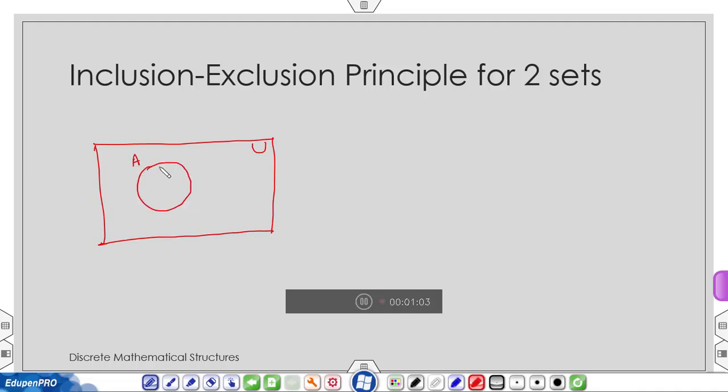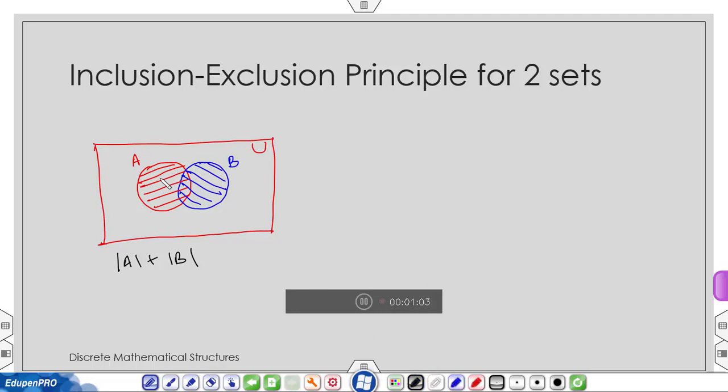This is set A and this is set B. Now when we write A plus B, we mean that this area, that is the number of elements in A, is added to this area, which is the number of elements in B.